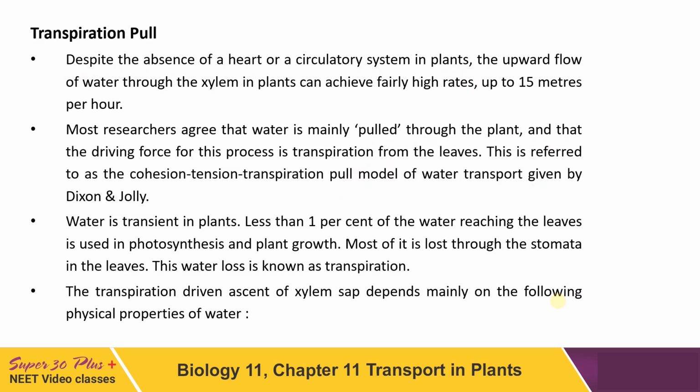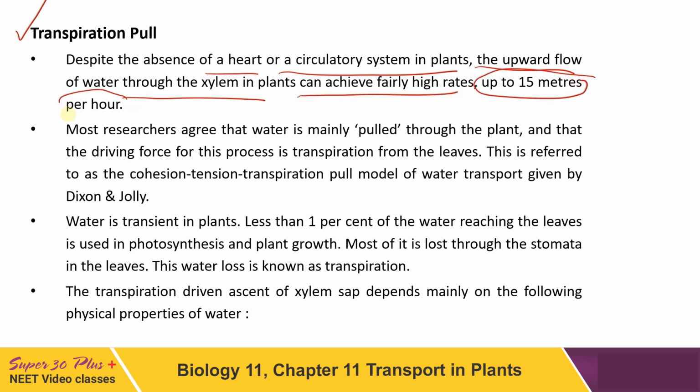Now you have to see the other important factor responsible for ascent of sap, that is transpiration pull. We all know that plants do not have a heart or circulatory system. The upward flow of water through xylem in plants can achieve a fairly high rate, even 15 meters per hour. So how is this rate achieved?